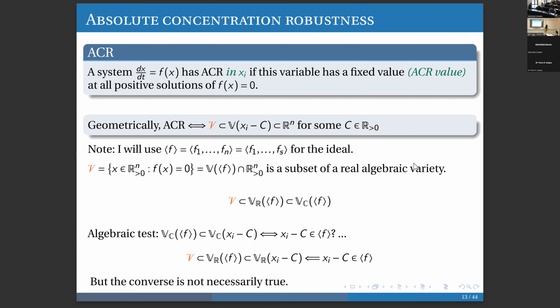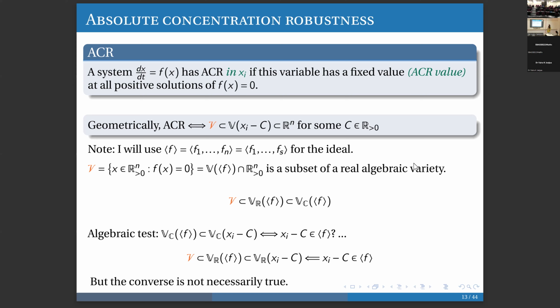Excuse me, Beatriz, how are you selecting this C? I don't know the C. If there is a C such that this holds, exactly, that would be finding the ACR value. And I don't know how to do that. Xi minus c, you mean the maximal ideal? No, I mean, if I look in my ideal and I manage to find a polynomial that is of the form one variable minus a constant, well, then I know that this variable always takes the value of this constant for all points in the variety.